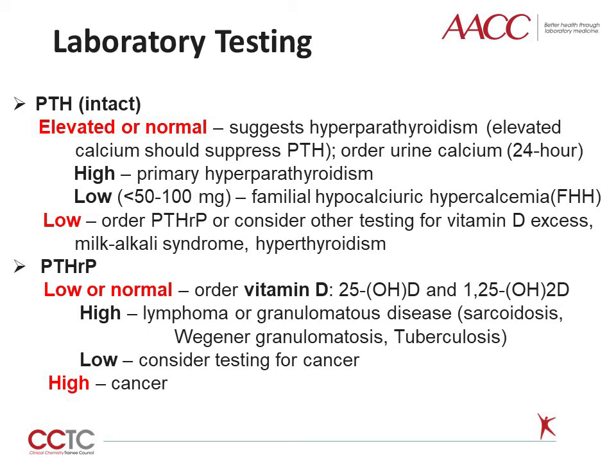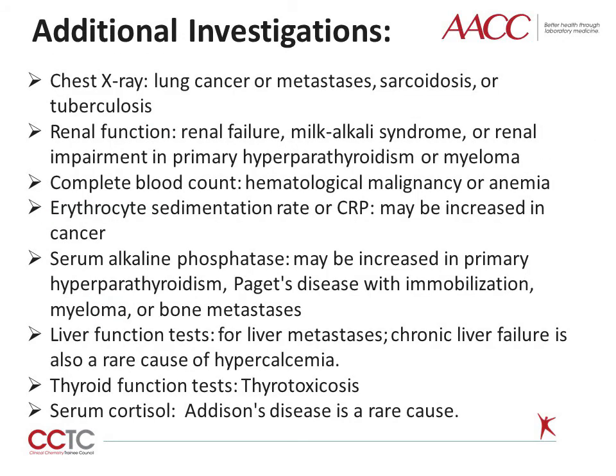If vitamin D level is high, it is suggestive of lymphoma or granulomatous disease. If vitamin D is low, consider testing for cancer. If PTH-RP is high, it is suggestive of cancer. If needed, additional tests or examination should be performed.